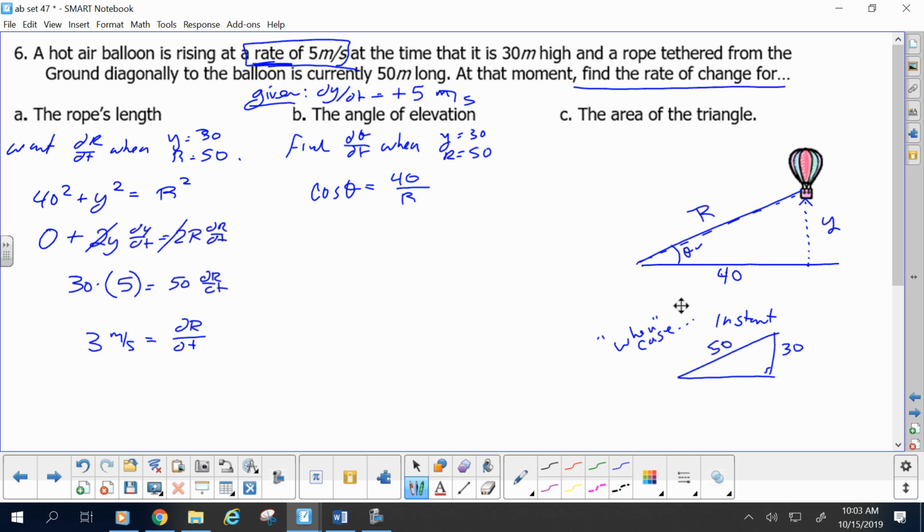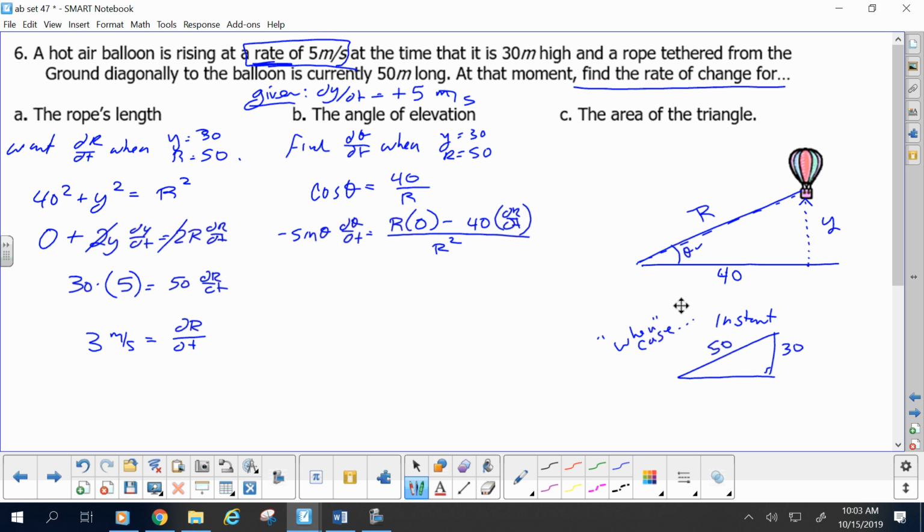Let's differentiate with respect to time. What's the derivative of cosine with respect to time? d theta dt equals, by quotient rule, low is r, d high is 0, minus high is 40. What's d low? dr dt over the square of what's below. All right. Now you guys have made it clear you prefer to substitute in first.